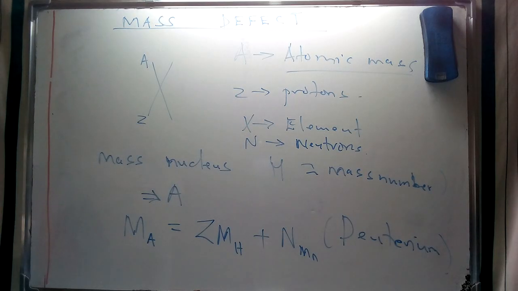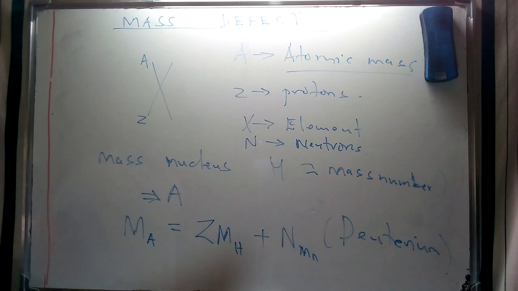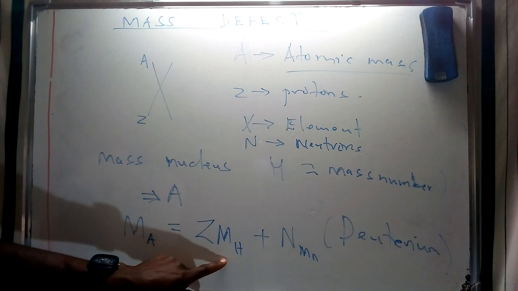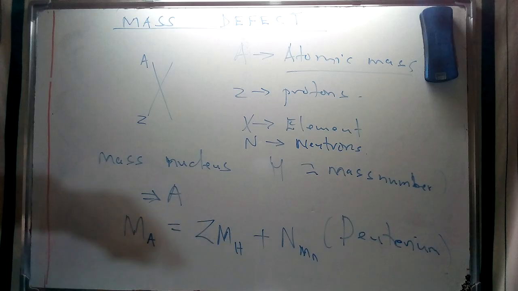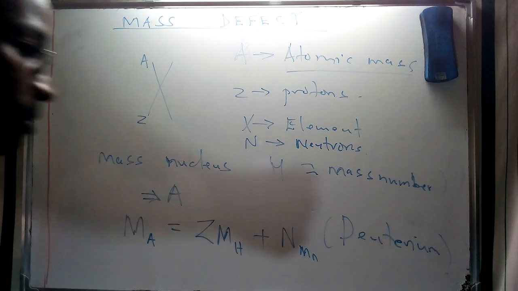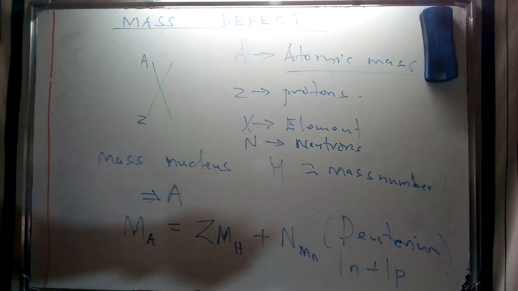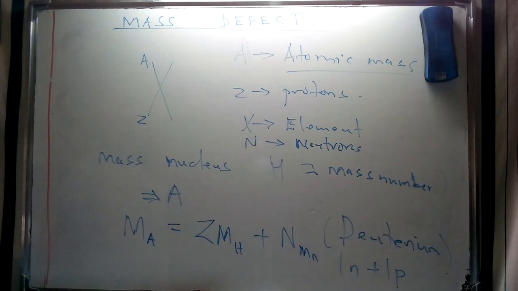And the one that I've indicated as M subscript H is a proton, of course. I said I'm going to consider a particular isotope of hydrogen, which is deuterium, and this deuterium is going to consist of one neutron and one proton, which are going to form the nucleons of this specific atom.